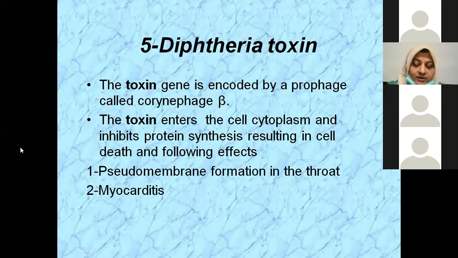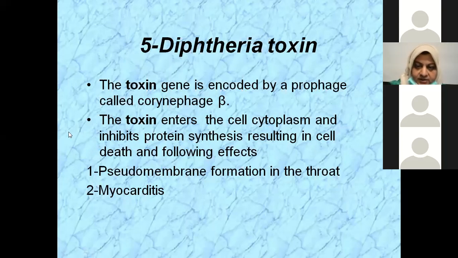Prolonged use of antibiotics suppresses the normal flora, and this bacterium grows in the absence of these antibiotics and causes pseudomembranous colitis. In the same way, diphtheria toxin causes pseudomembrane formation. So I will tell you how the pseudomembrane is formed.